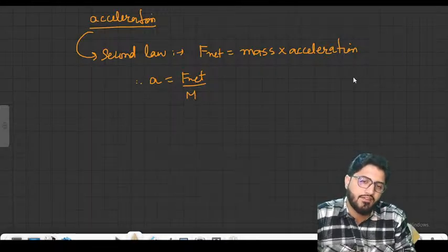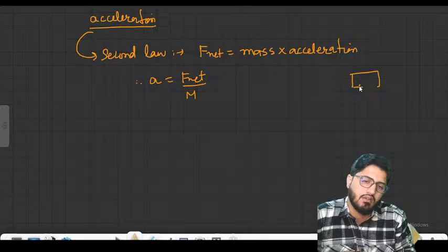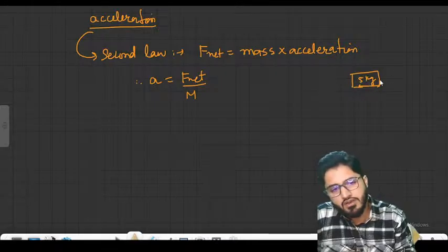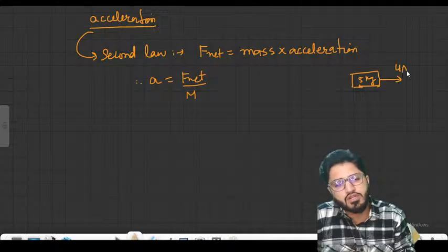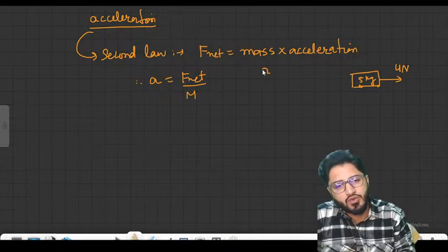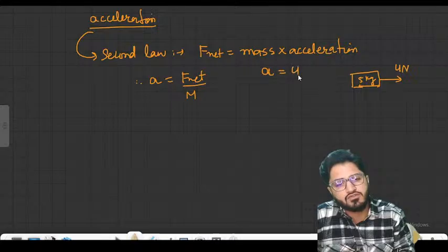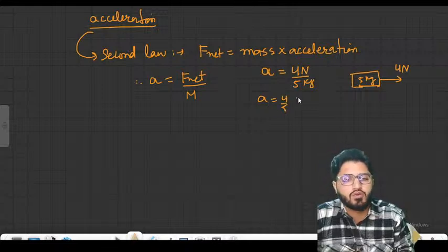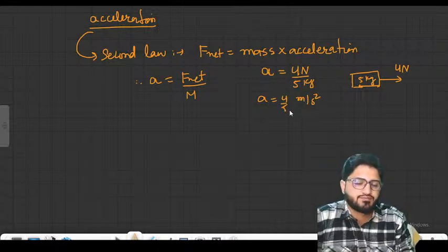Now if there is a box with mass 5 kilogram and you are applying a force of 4 Newton, what is the acceleration? Acceleration means force 4 Newton divided by 5 kg. So a equals 4 by 5 meter per second square.